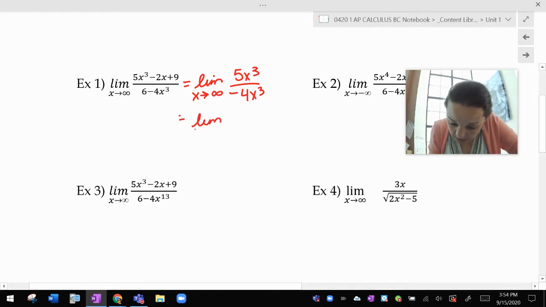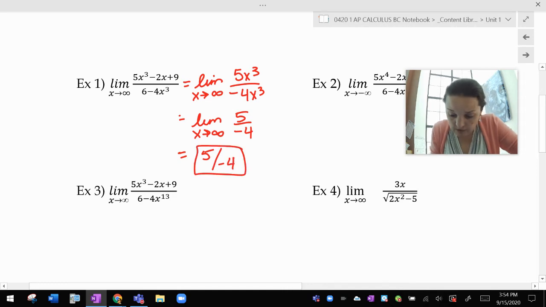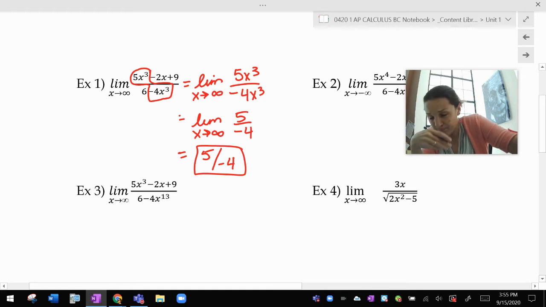That's the same as the limit as x approaches infinity of 5 over negative 4. And since there's no x left, I now have my answer. It's negative 5/4. So this gets at that rule that if you take the limit as x approaches infinity, you just look at the highest powered terms, and then you compare the ratio of their coefficients.